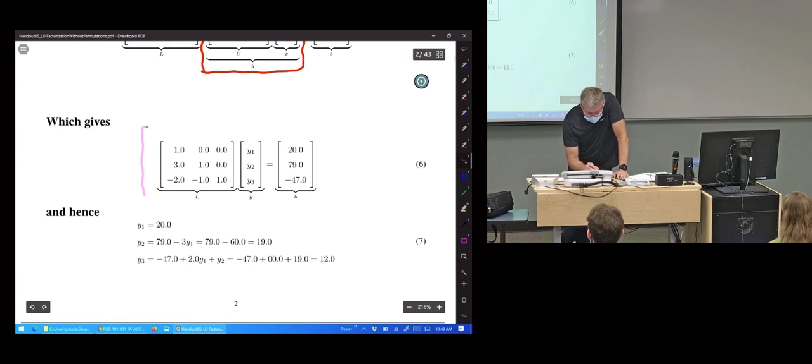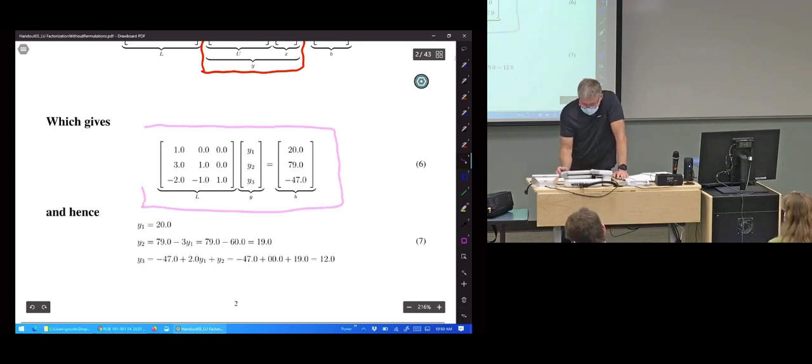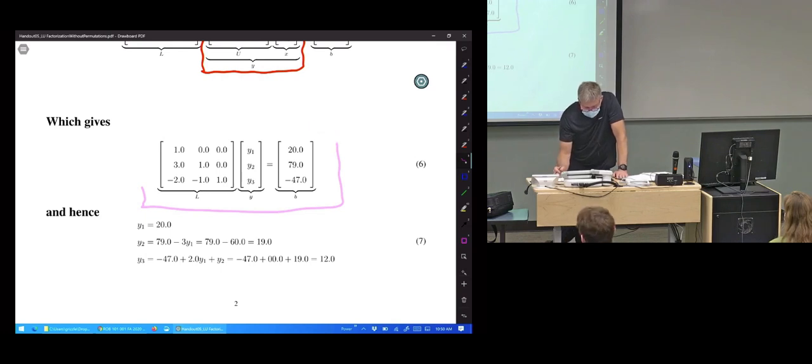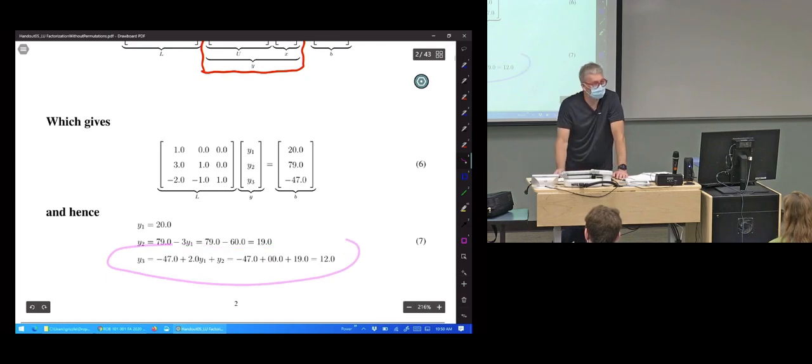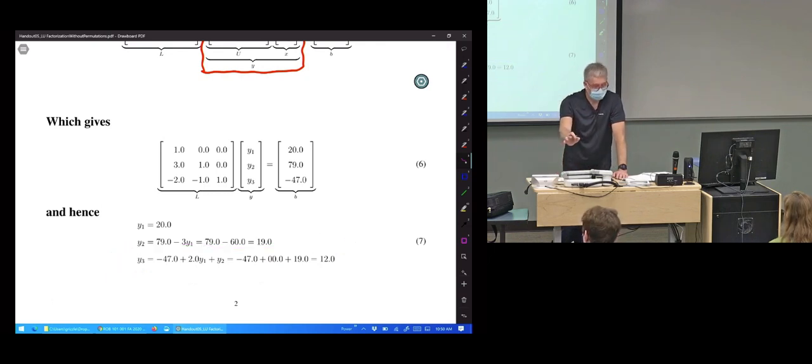So now I have the equation L, lower triangular, times Y equals B, and I've just run out of time, so I'm going to go a minute or two over, but no more than that. This is a lower triangular matrix, and you just go, ta-da, I solve for y1, I solve for y2, I solve for y3. Trivial problem.